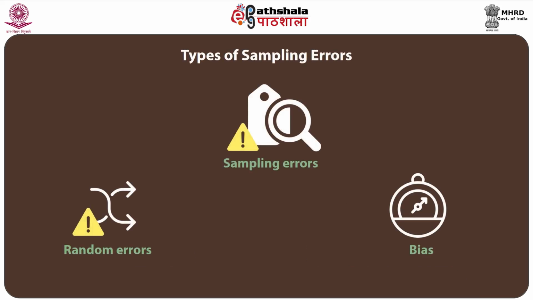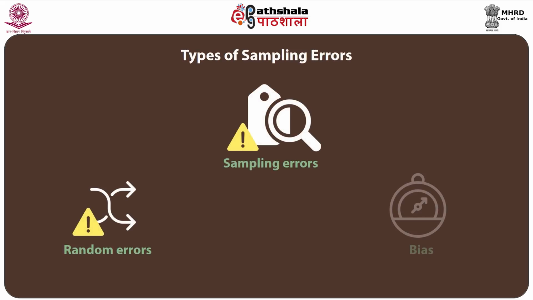What is a sampling error? A sampling error is an error that occurs when using samples to make inferences about the populations from which they are drawn. There are two kinds of sampling errors. It can be either random, which is known as random error, or sometimes it is a bias.